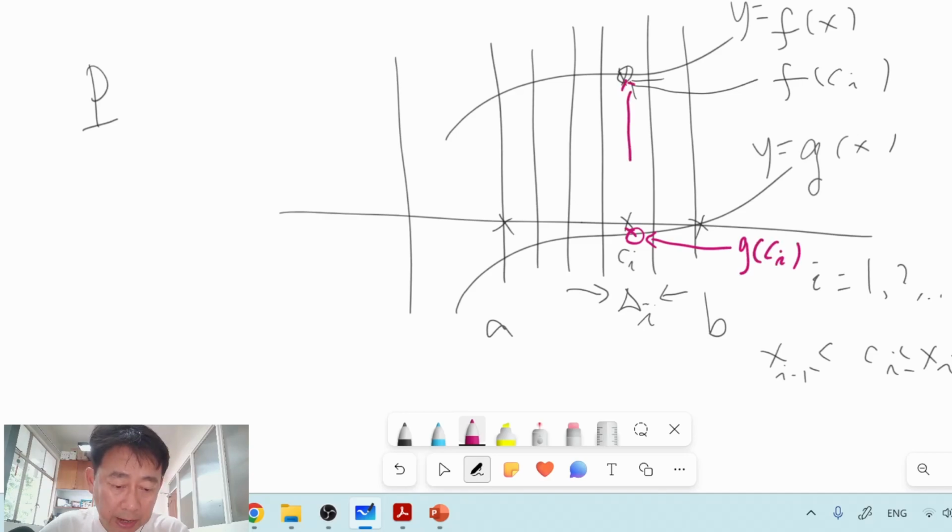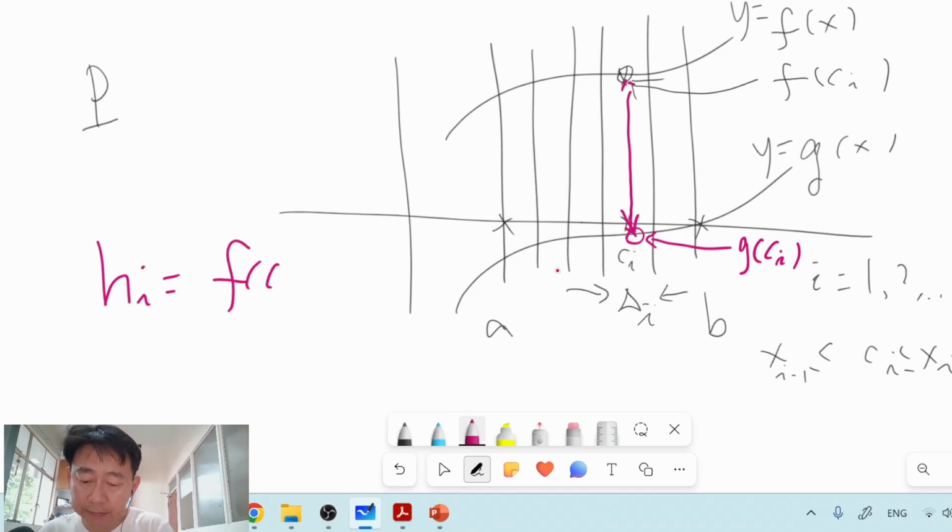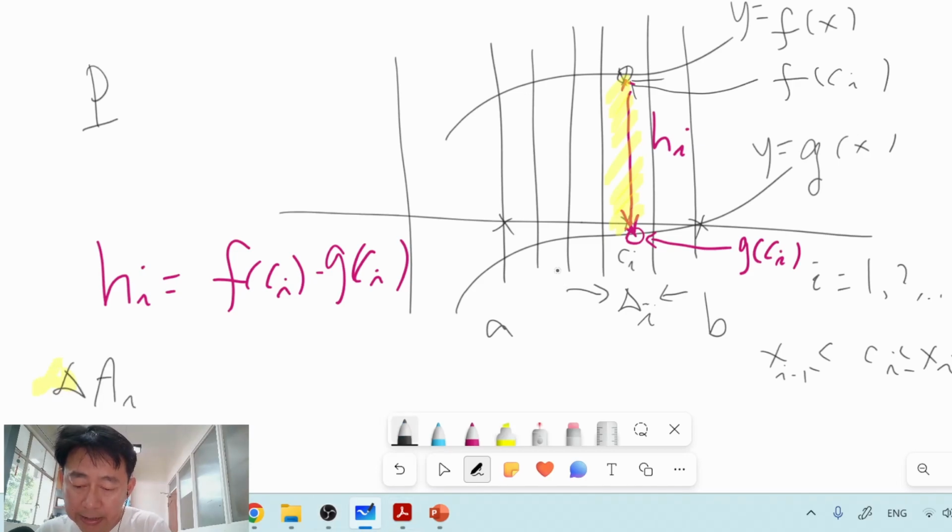So the height of the column, which I label h_i, is the difference between f at c_i minus g at c_i. The area defined by the column is then delta A_i, which is just the product of delta x_i, the width of the column, times the height of the column.